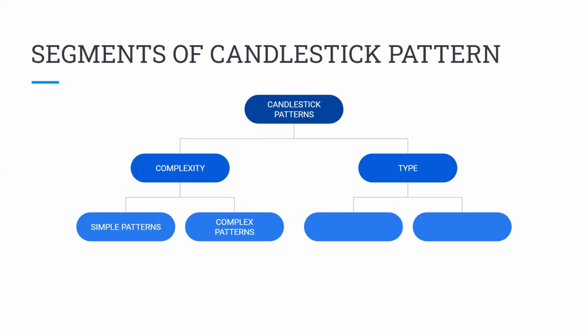Is it made of one candlestick, or of two or more candlesticks? That's when you add in the type, and say it is a simple continuation candlestick pattern, or it's a simple reversal pattern. That's how we write them down.